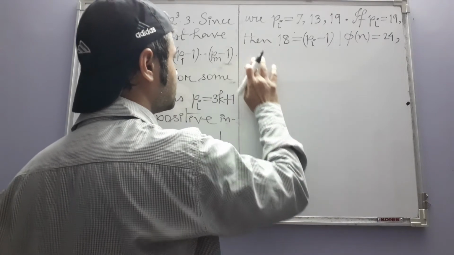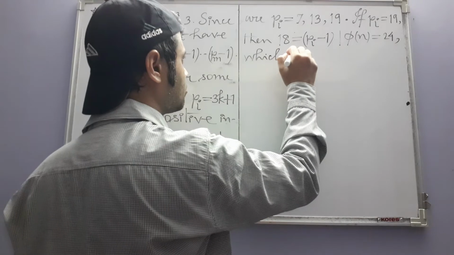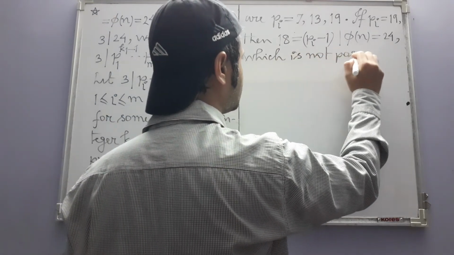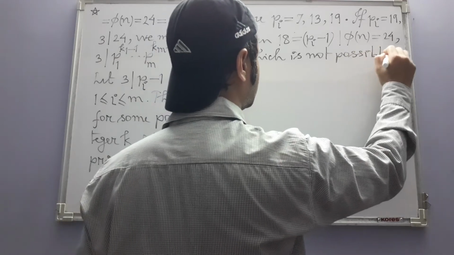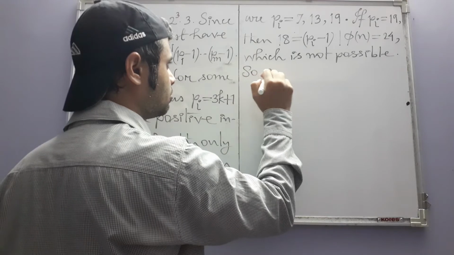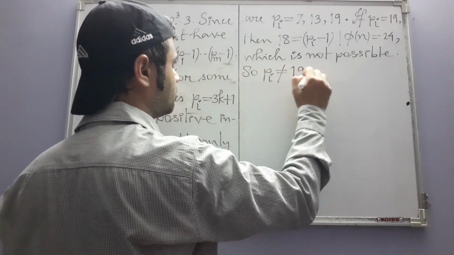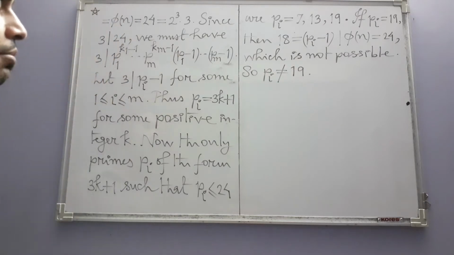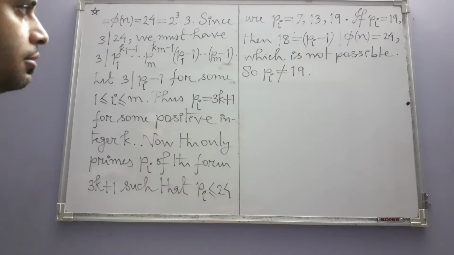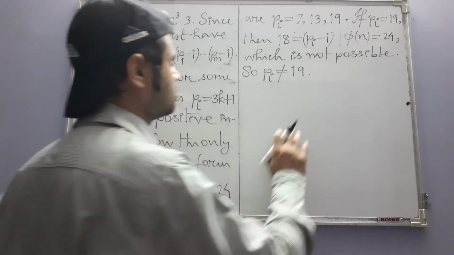Or we can just simply write like this, which is not possible. So pi cannot be 19. That means we are left with only those two possibilities, 7 and 13. Now we are going to take each one of them separately.